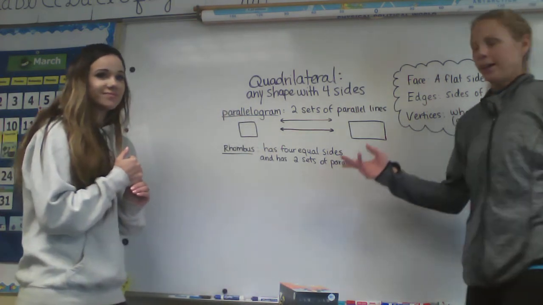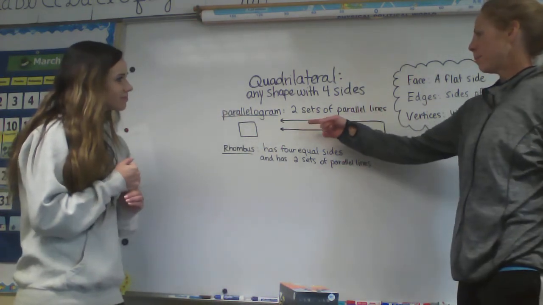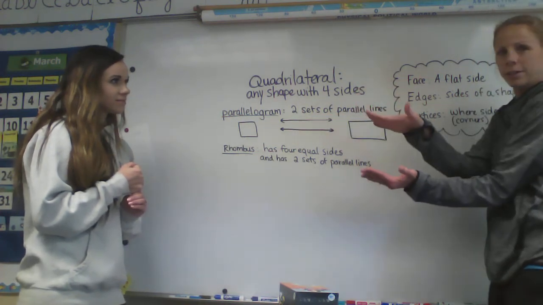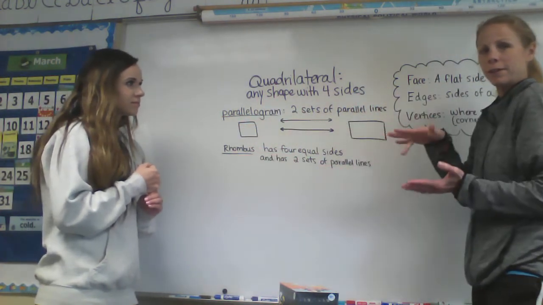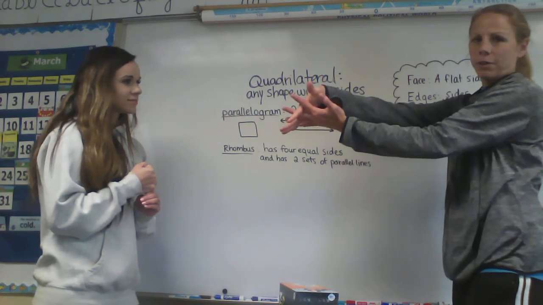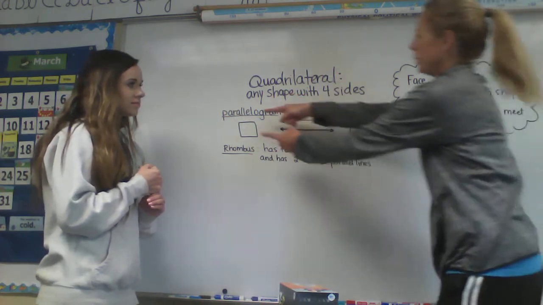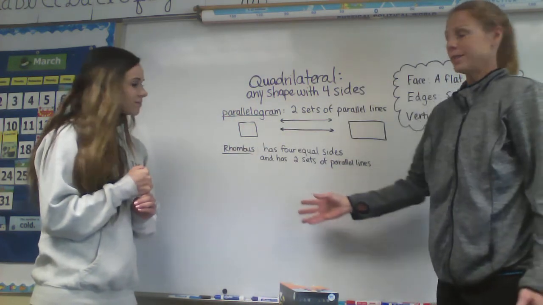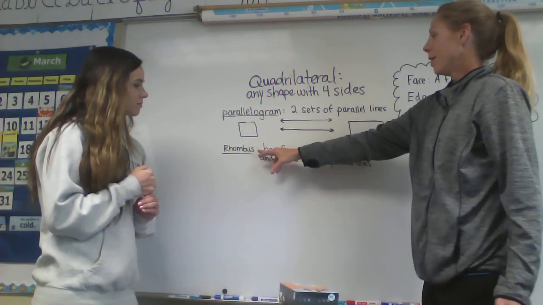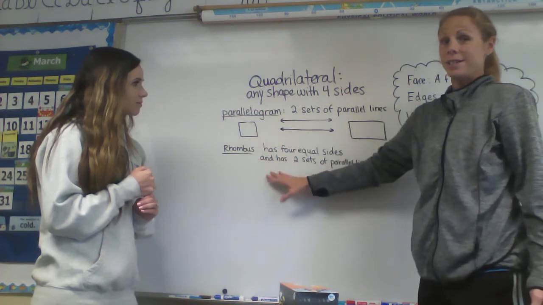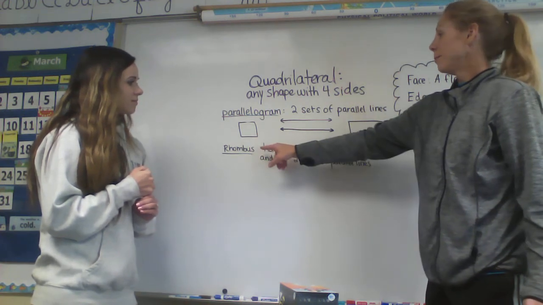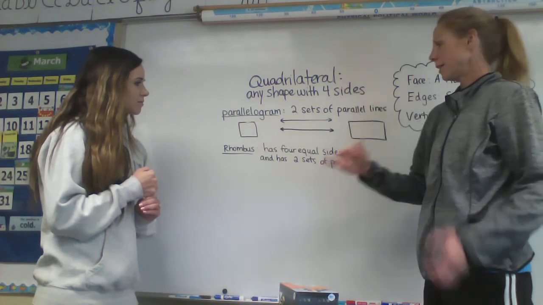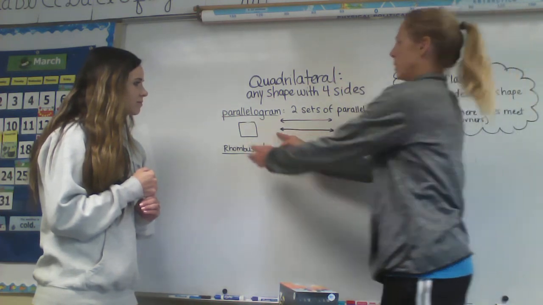Okay, so in case you don't remember, parallel lines are lines that go right by each other, straight by each other. So if they went on and on and on, they would never cross. So, one set, two sets. Okay, so rhombus. A square actually is a rhombus, because a square has four equal sides, equal in length, and has two sets of parallel lines.